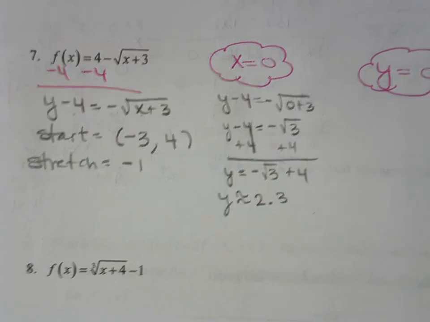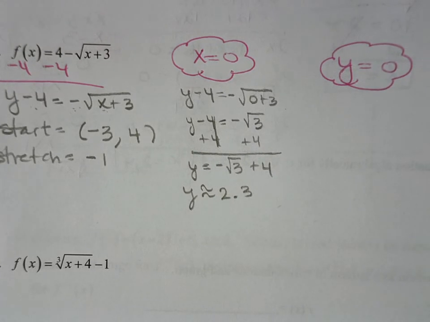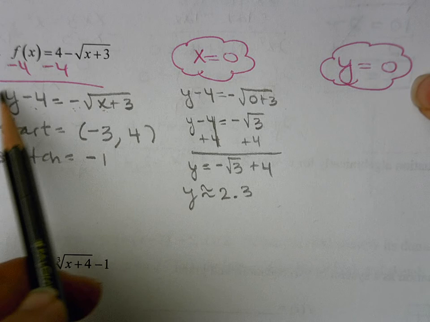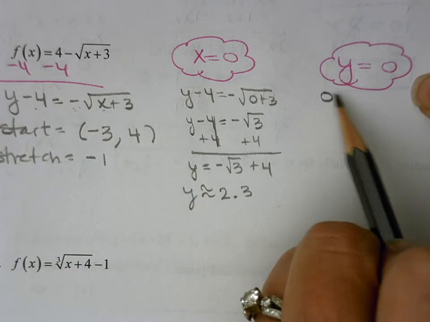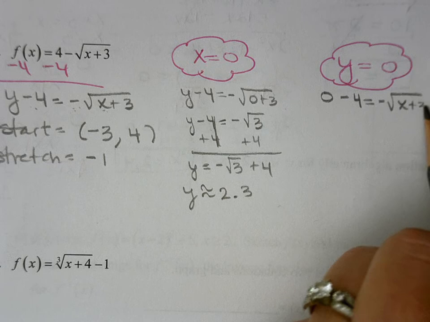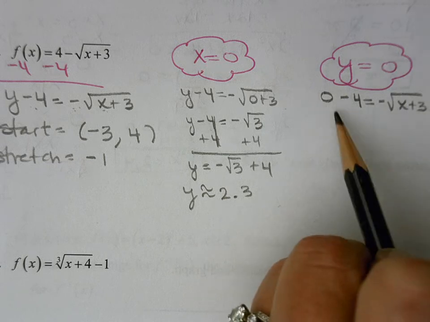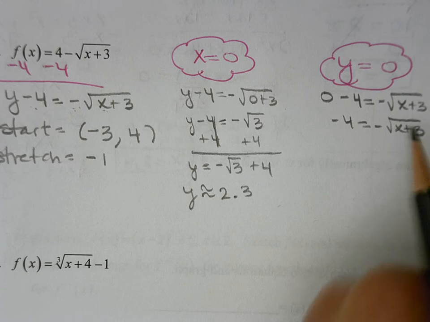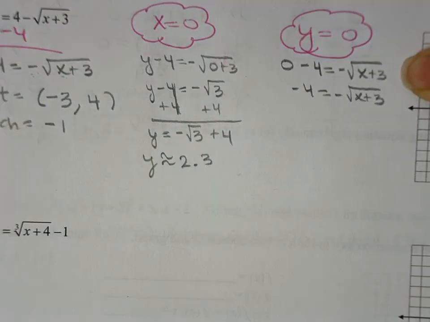All right, and then now I want to do the same thing, but now I want to let y equal 0. So I'm going back to this equation here, but I'm going to replace y with 0. So 0 minus 4 is -4. And then I'm trying to solve a square root, so that means I want to isolate the radicals. So I'm going to divide both sides by -1.